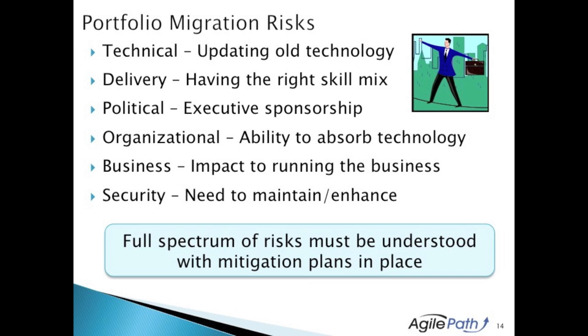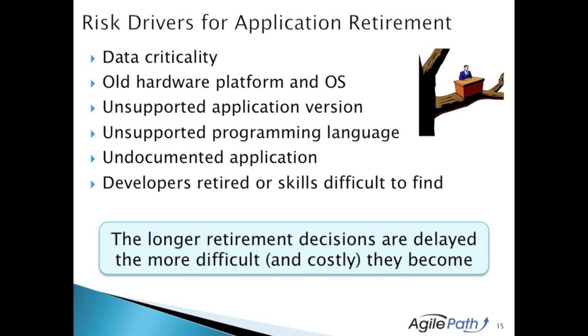So, for example, the retirement choice for parts of the portfolio will have a different combination of these risks associated with it, primarily political, than will a decision to replace with a commercial application. So all these risk categories will apply, but they'll be in different percentages or proportions based on the legacy choices that you're making.